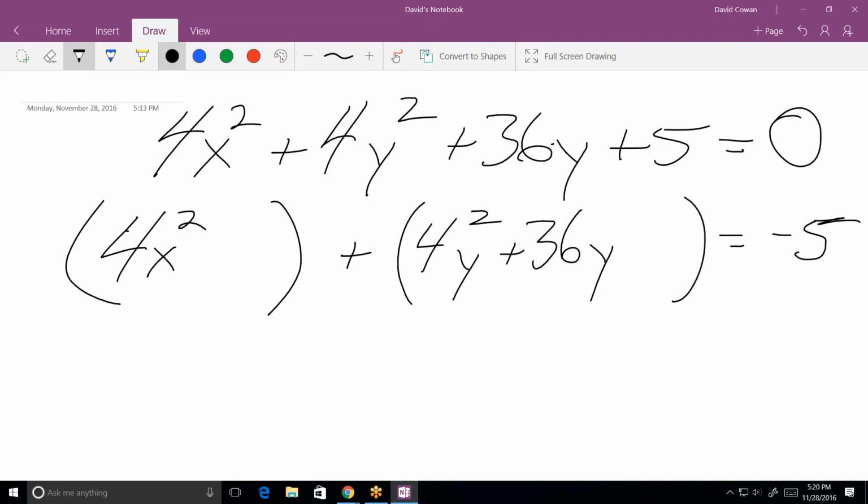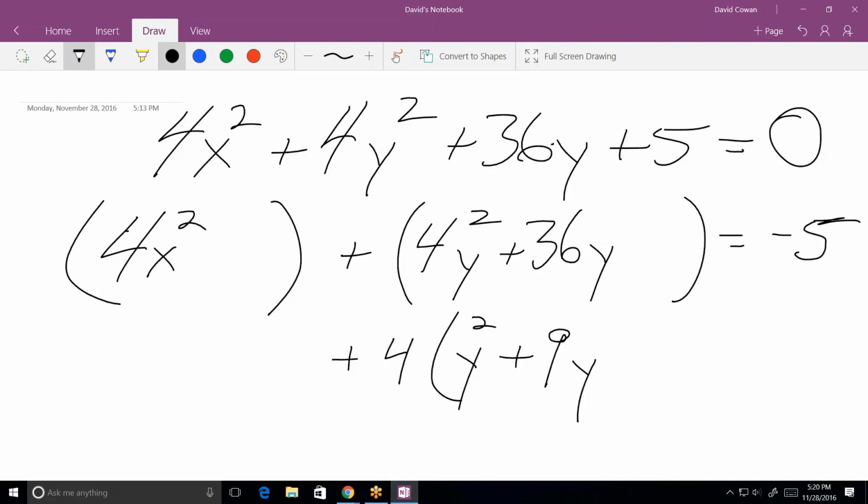In other words, h is 0. I do need to complete the square here, but before I can do it, I have to factor out that coefficient, whatever it is, leaving behind that.